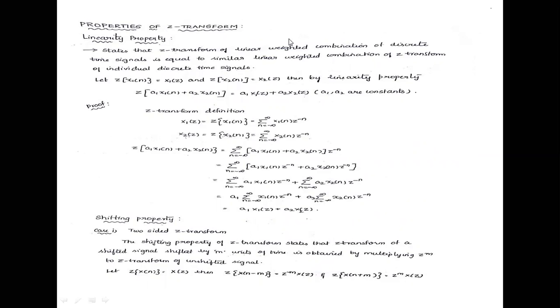properties of Z transform, my dear students. Until now, we discussed the properties of a region of convergence in the Z transformation. Now the actual properties of the Z transformation. We already discussed these names in the Fourier transform, Laplace transform, and the Fourier series also.